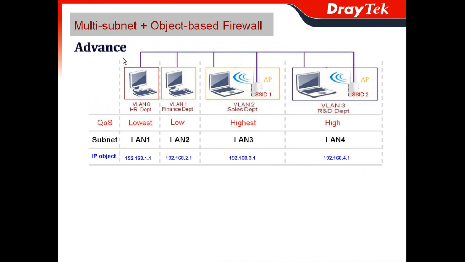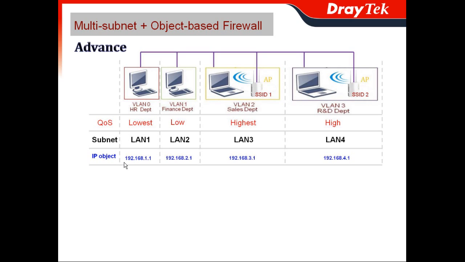Another advanced usage of multi-subnet is that you can bundle the multi-subnet idea with the object-based firewall. When you see we already separate the subnet for the different departments, for example, your HR department gets the subnet as LAN 1.